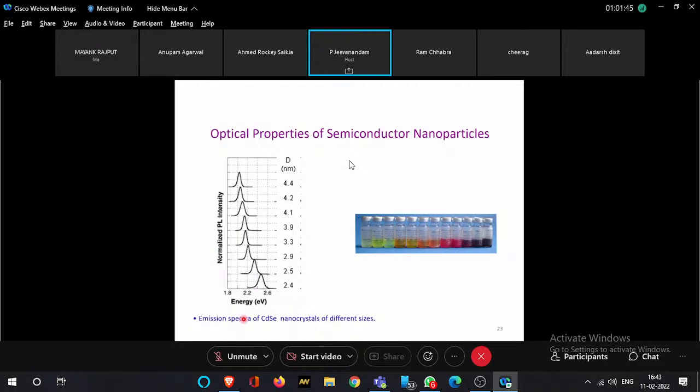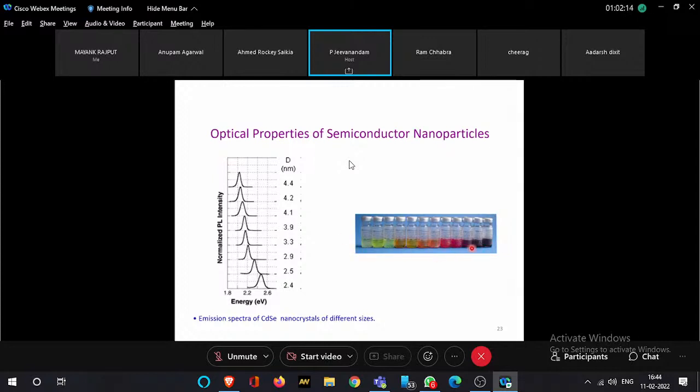I wanted to show this slide just out of curiosity. Look at this slide carefully. The material which is in colloidal form in all the bottles is cadmium selenide. Let us not worry about what a nanocrystal is. It is a cadmium selenide colloid, and you can see different colors.